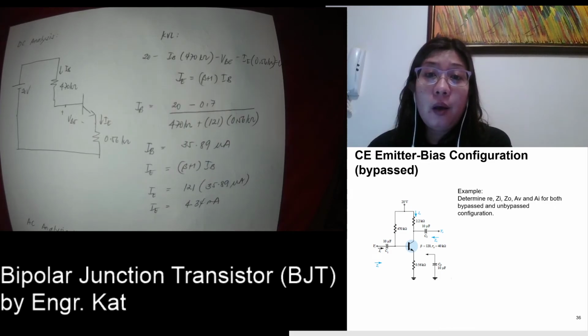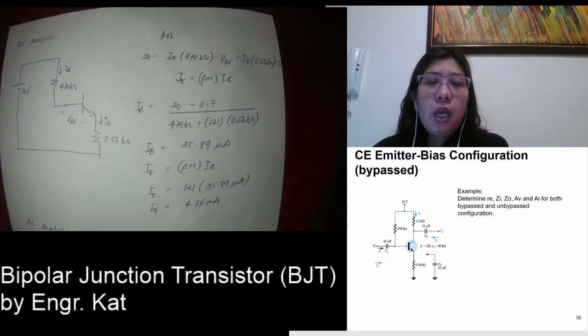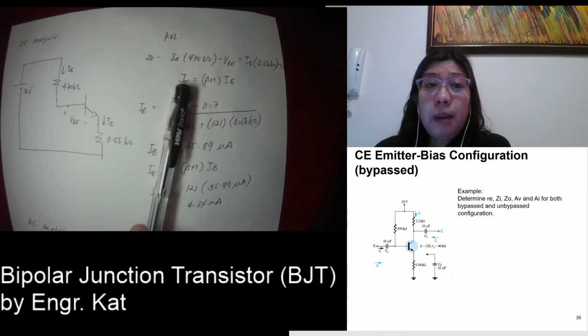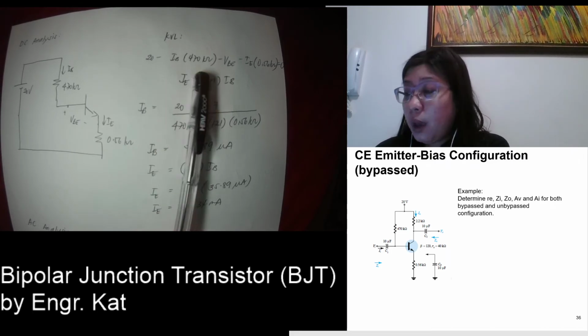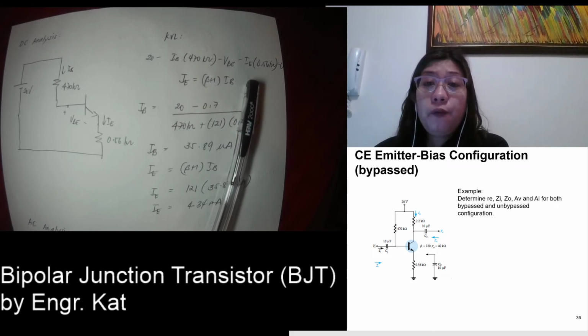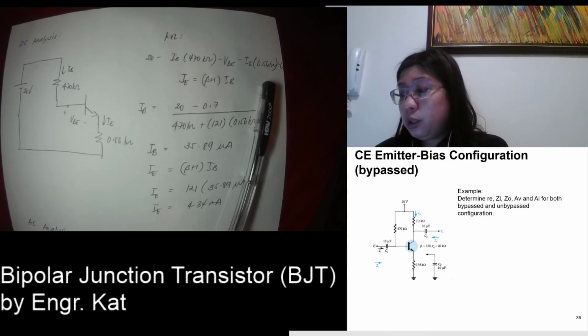Take note of my subscript, they are capital letters. Why are they capital letters? Because we are dealing with DC analysis. So we have IB multiplied by 470 kilo ohms, minus VBE, minus IE multiplied by 0.56 kilo ohms is equal to 0.